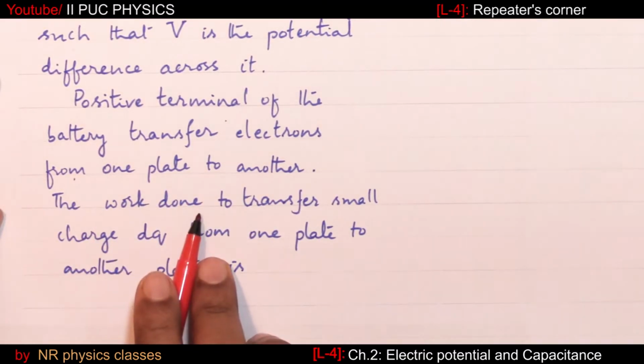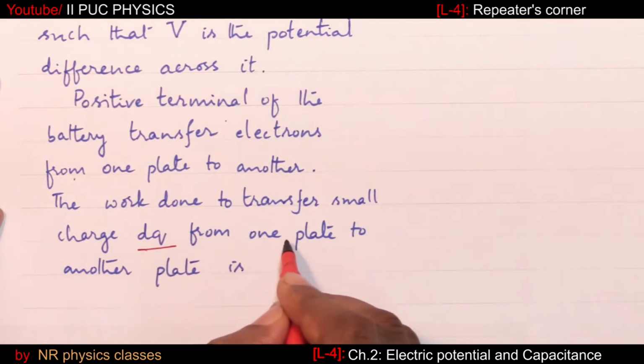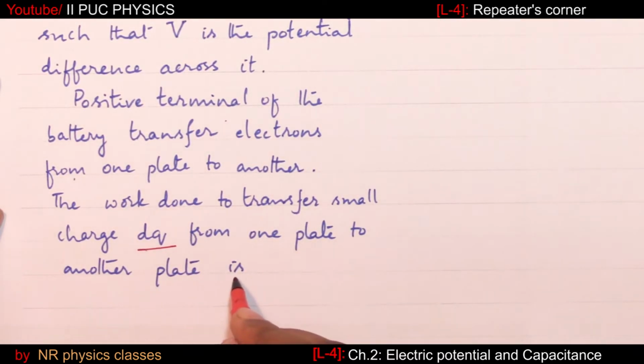The work done to transfer small charge dq from one plate to another plate is dW equal to potential difference into charge. So dq is the small charge transferred. As a result, dW is the small work done.